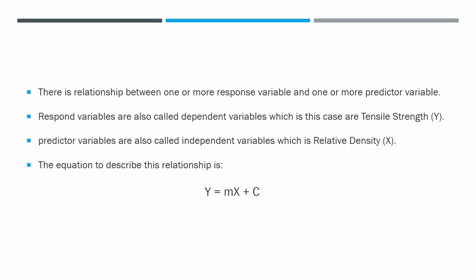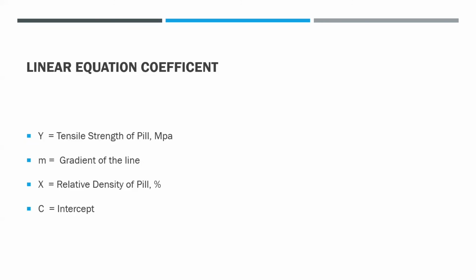The response variable is also called the dependent variable, which in this case is tensile strength, while the predictor variable is also called the independent variable, which is relative density in this case. So the equation to describe this relationship is y equal to mx plus c. This is the linear equation coefficient. Y is the tensile strength of the pill in megapascal, m is the gradient of the line, x is the relative density of the pill in percent, while c is the intercept.